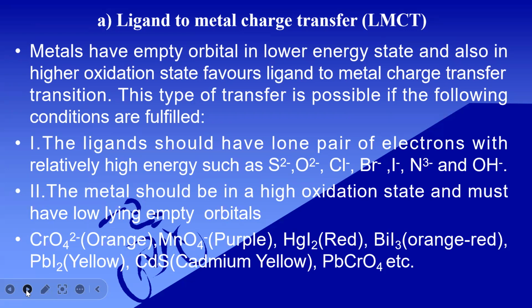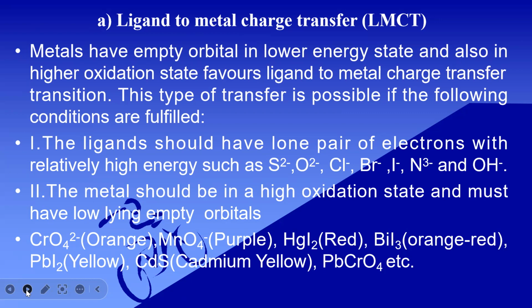The second condition is the metal should have high oxidation state and must have low-lying empty orbitals. The examples are CrO4 2-, which has d0 configuration but is orange in color.